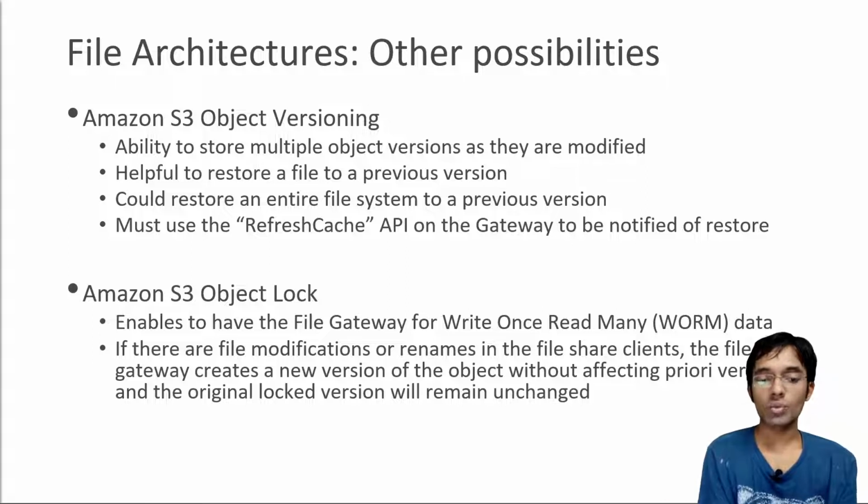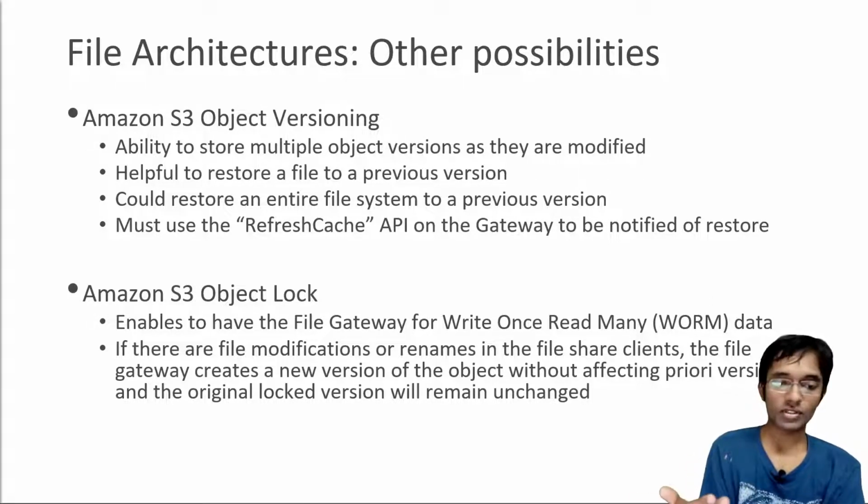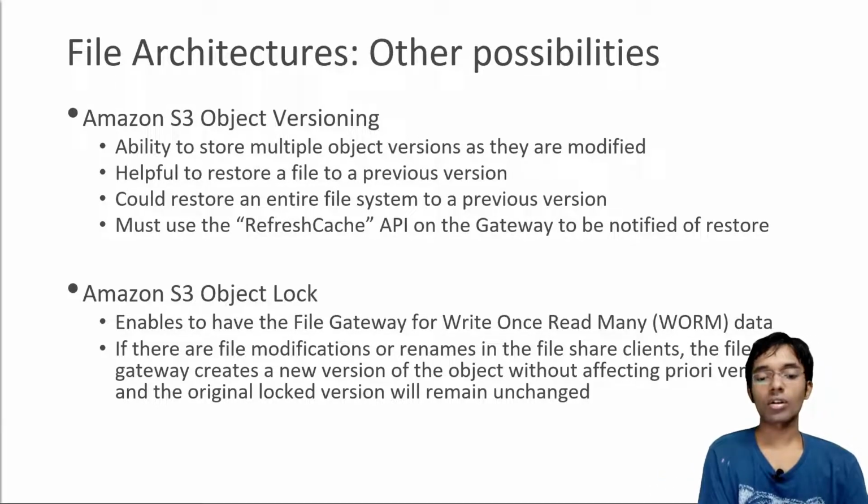So the idea is that if there are any modifications or renames in the file share client, the file gateway will create a new version of the object without affecting prior versions, and the original locked version will remain unchanged, effectively making sure that you are not losing any data, and that the original data will never be deleted in such a case. So for compliance reasons or audits or to restore previous versions, this could be really helpful.